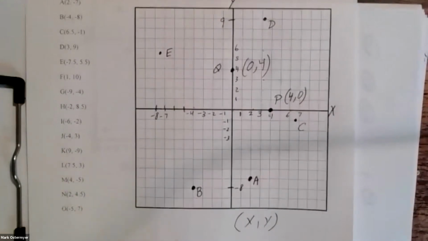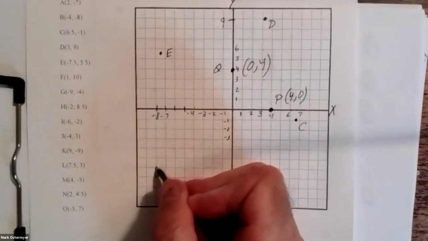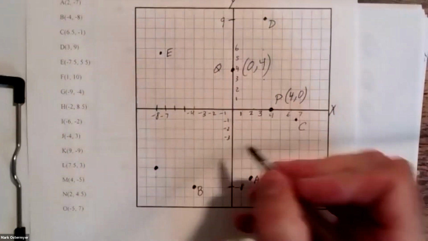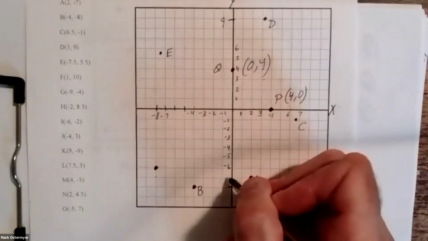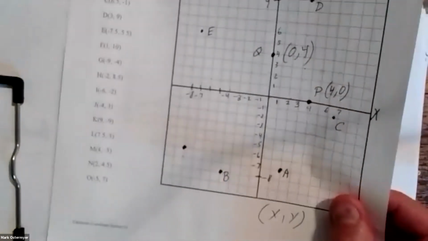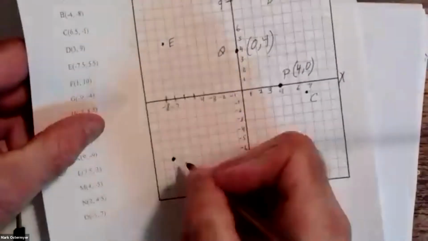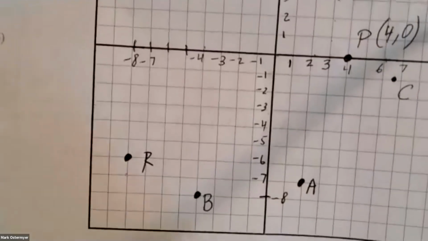Here's point R. What would be the ordered pair address of point R? I'll call this point R, ladies and gentlemen. What's its x coordinate?